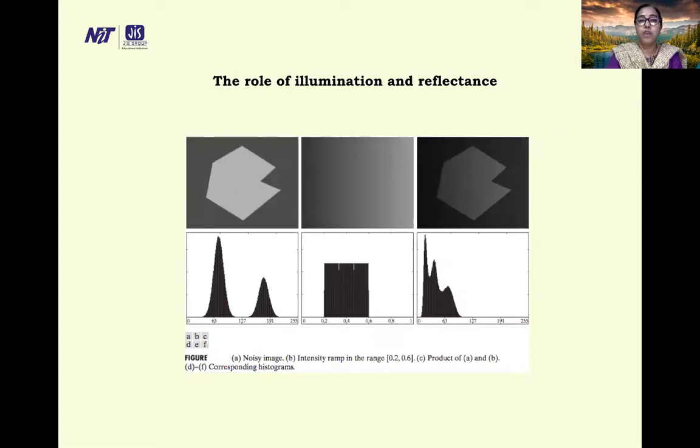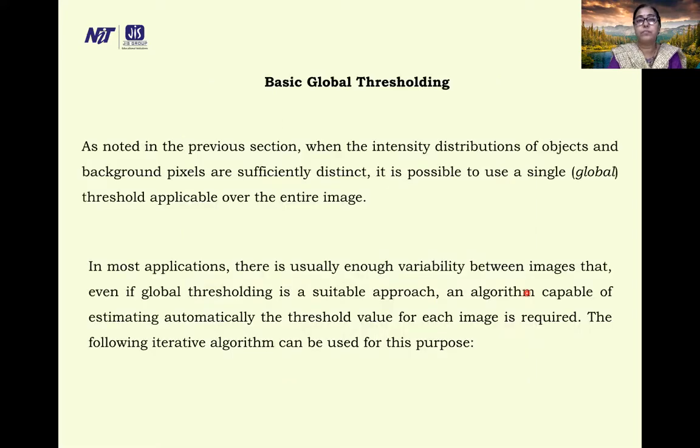Now this is the noisy image and this is the intensity map, and these two are multiplied, and this is the output of the product of these two images. Now the corresponding histogram is shown. Now it is a single mode histogram. This is its profile, and after this multiplication, this is the multimodal histogram.